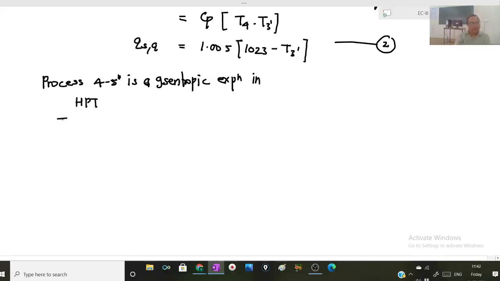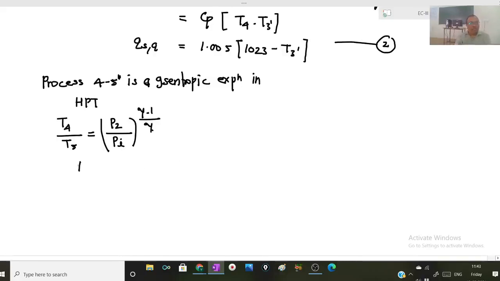What does it mean? T4 over T5 is equal to P2 over Pi, and this will be gamma minus 1 over gamma. Now Pi is the intermediate pressure up to which the expansion is done.